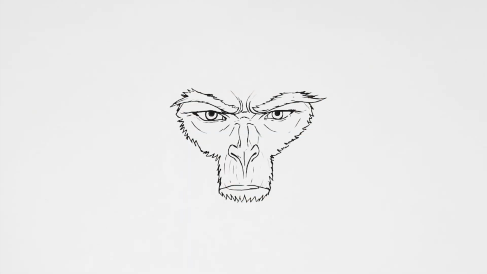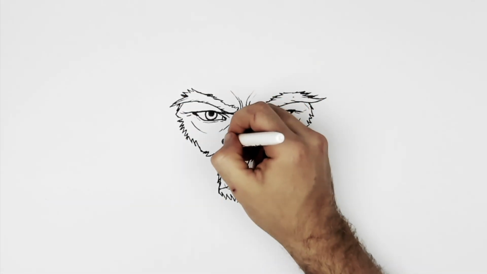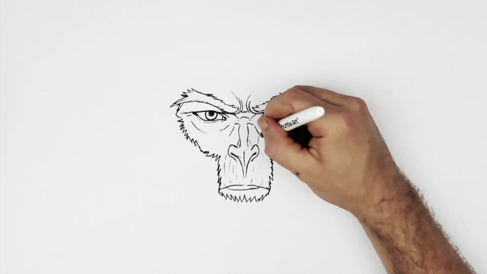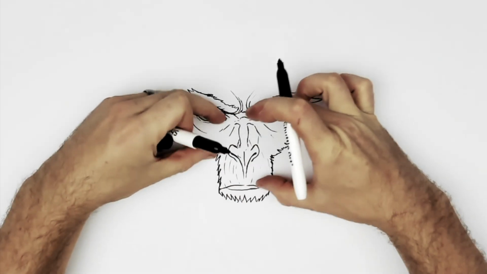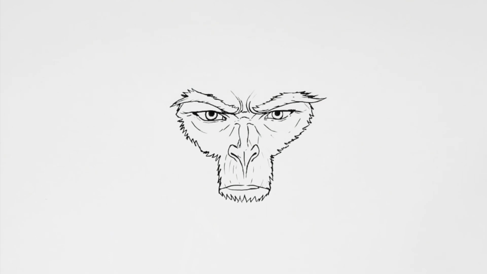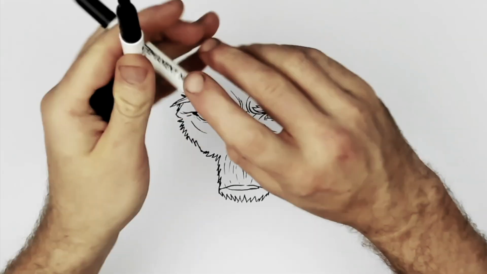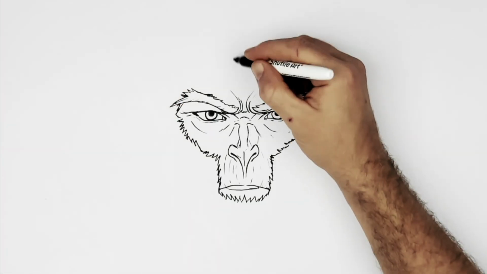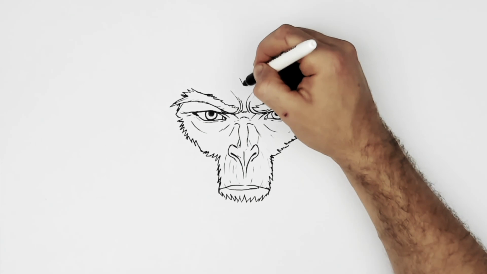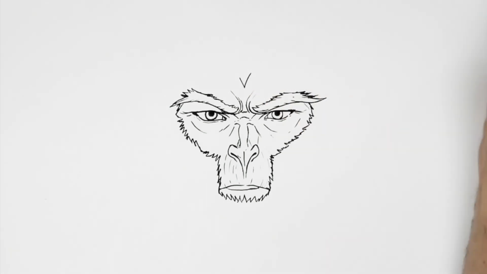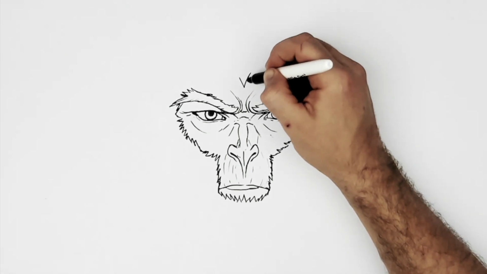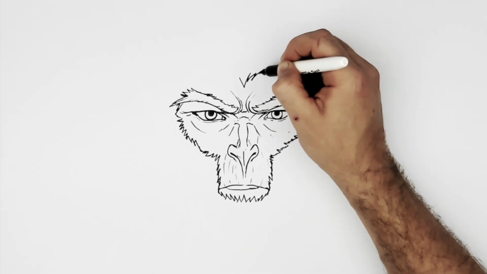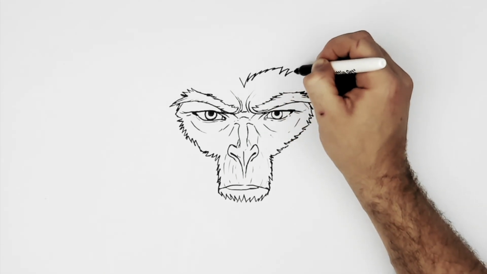Right, so now once you've got that done, this sort of Y shape, you've got to go around the top for his fringe, right? So you've got like in the center, he's super hairy, so that comes down right there, and then it goes around the eyes again and joins the side.